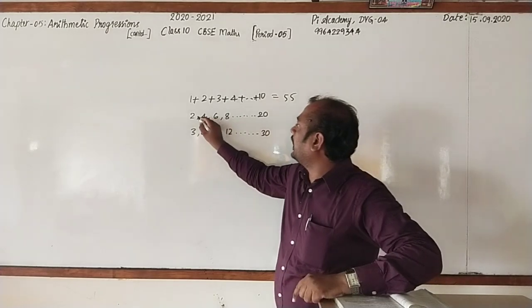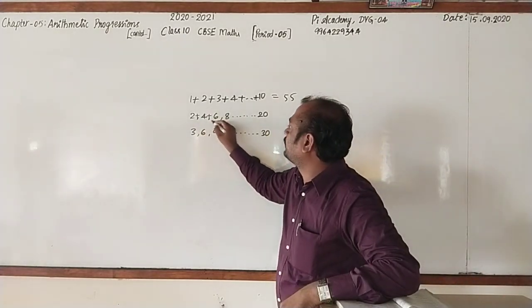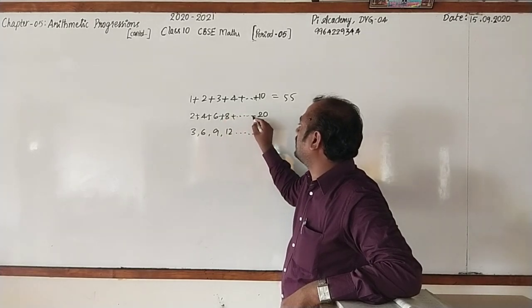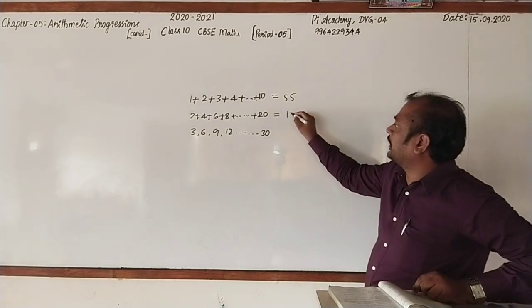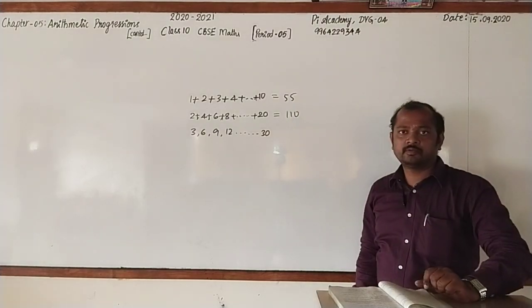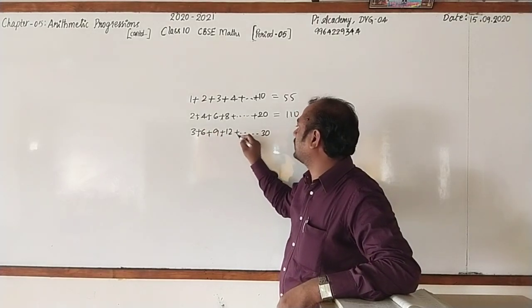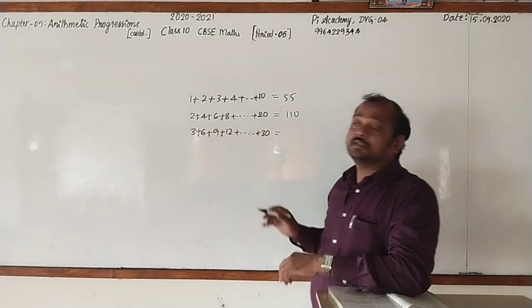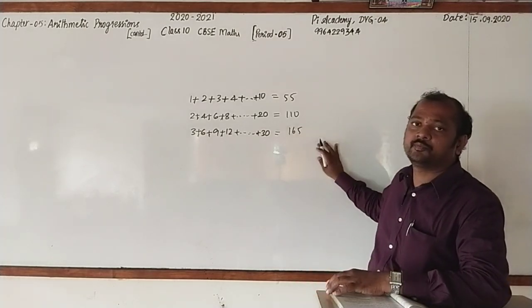If you go for adding these, that is 2 plus 4 plus 6 plus 8 plus so on, this will be 110, right? And what about this? 3 plus 6 plus 9 plus 12 plus so on plus 30, this will be 165.